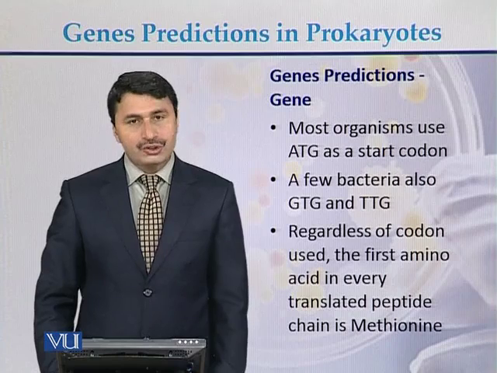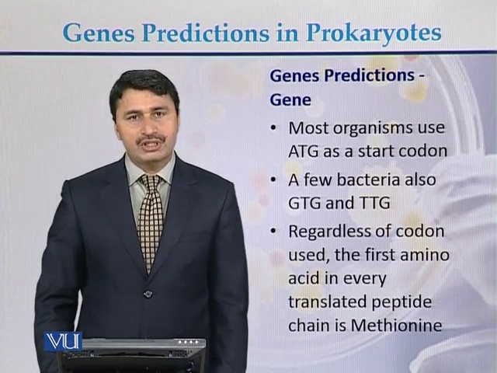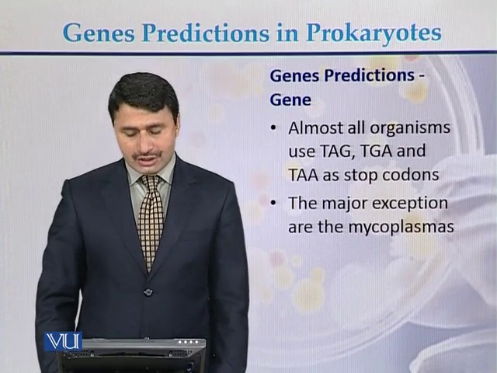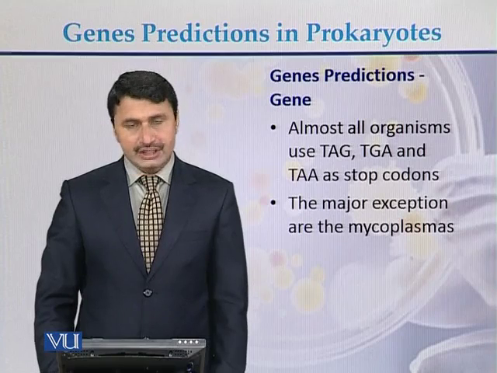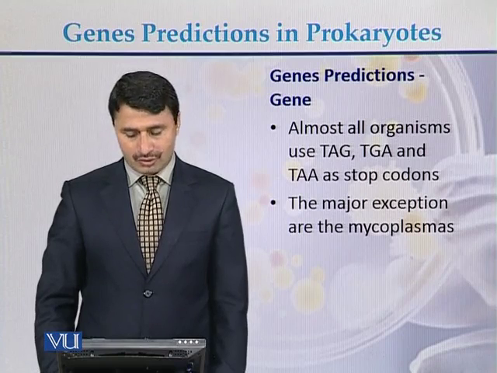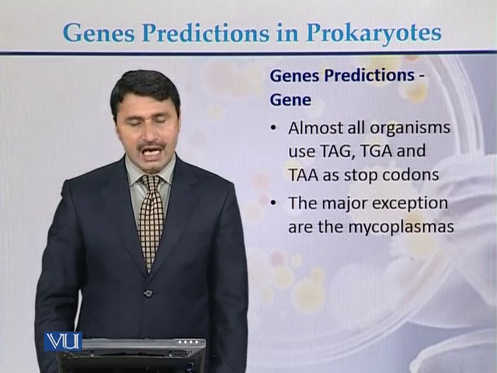Regardless of the codon used, the first amino acid in every translated protein is methionine. Almost all organisms use TAG, TGA, and TAA as stop codons. The major exceptions are mycoplasmas.